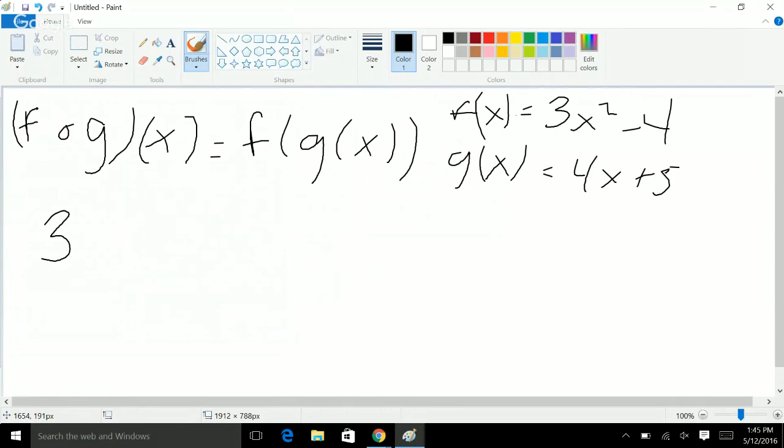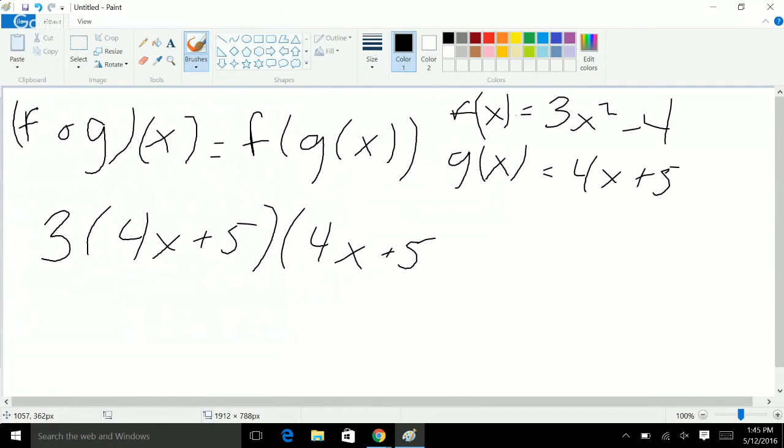So 3x squared has an x in it, so we would plug g in for that, which is 4x plus 5. And since it's squared, we have to do that 2 times because it has a square. And then minus 4.